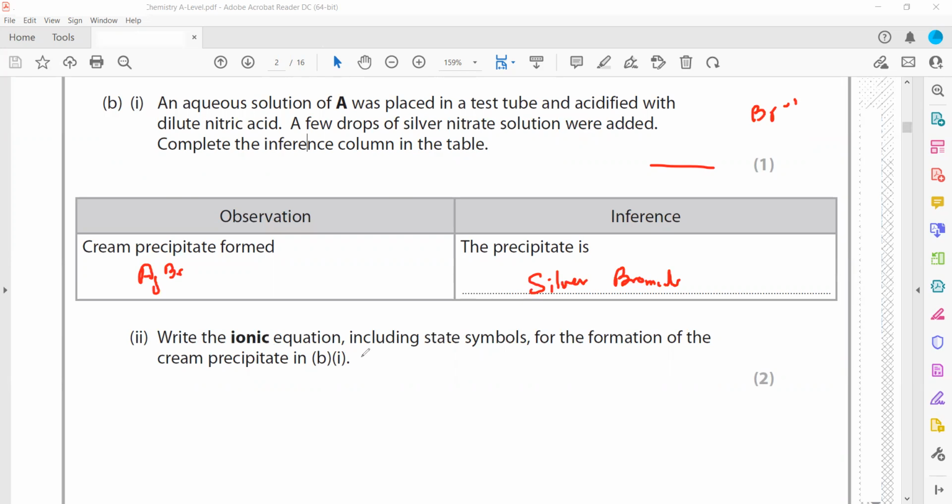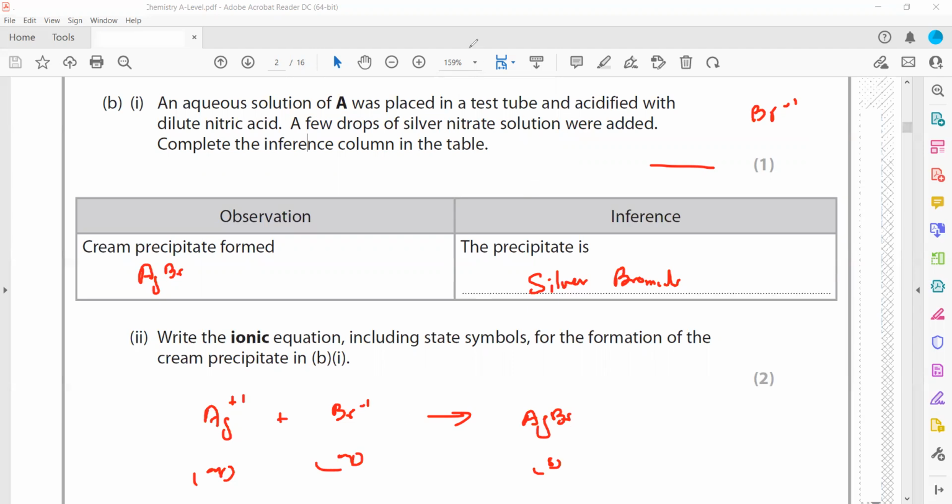And write an ionic equation, including a state symbol, for the formation of the cream precipitate. So what happened when silver ions, which are aqueous, reacted with bromide ions, which are also aqueous? As a result, it will form AgBr, which is solid. That's how, when we mix two solutions and a solid is formed, we call that solid a precipitate, or PPT.